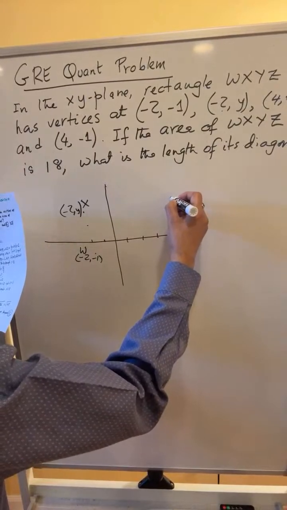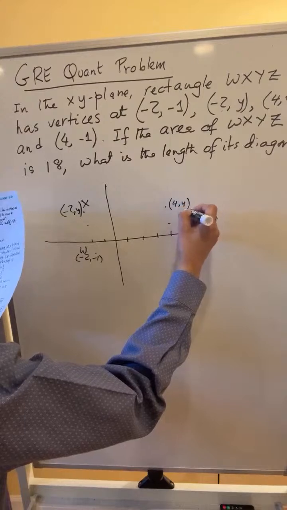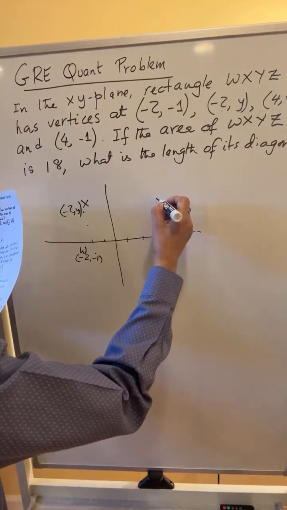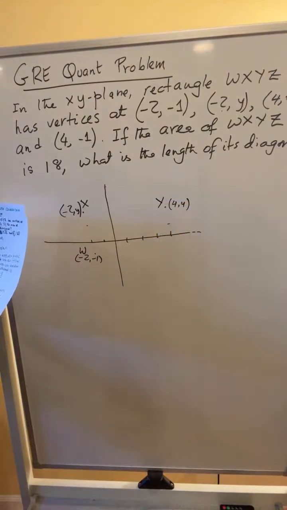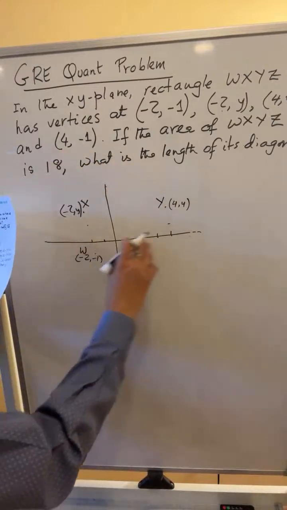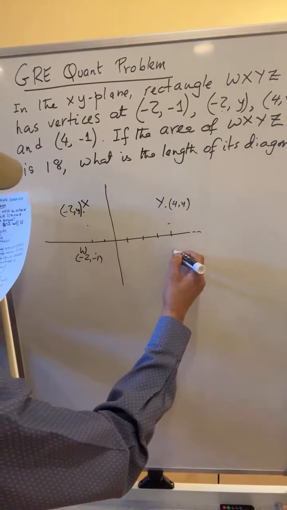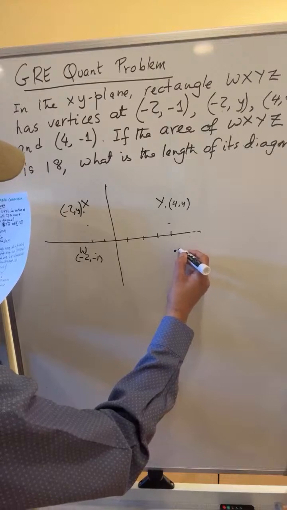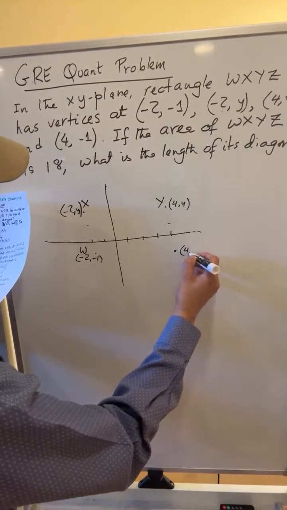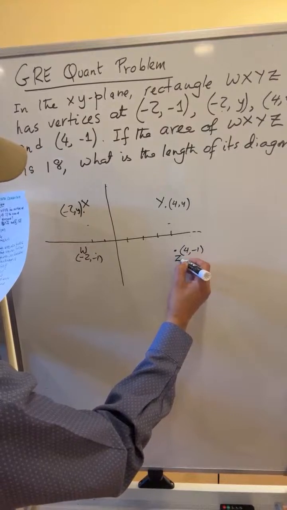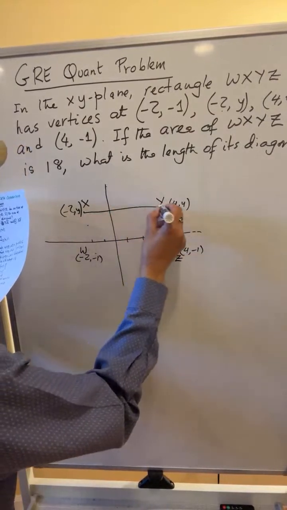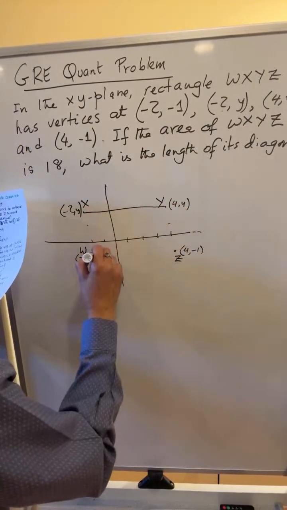And that is (4, y), and that is the point capital Y. And the last point is (4, -1). So it is located somewhere over here, (4, -1). This is your Z. So the rectangle looks like this.